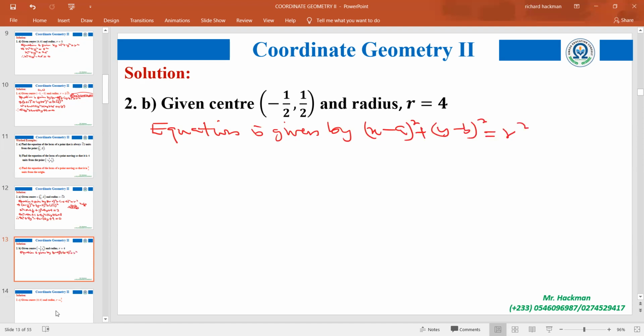So now we can carry out substitution. You get (x minus a), where a is minus 1/2, so it will be minus minus, which is plus, squared. Then plus (y minus b), so it will be minus 1 over 2, squared, is equal to r, which is 4, squared.